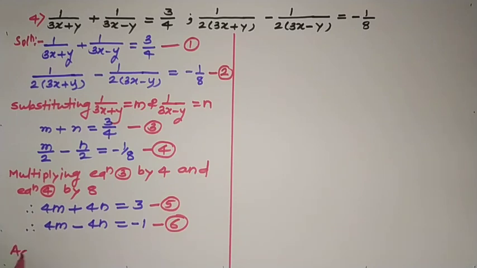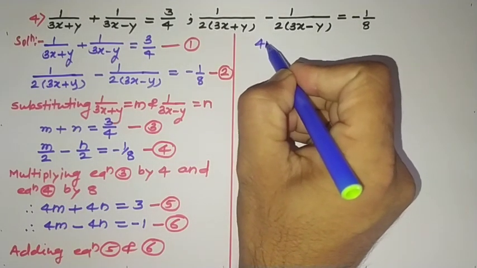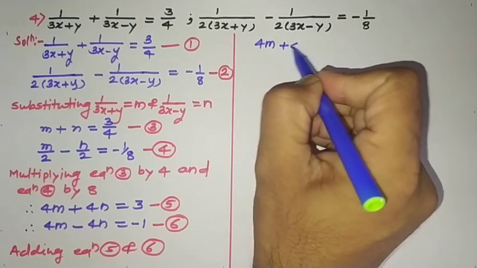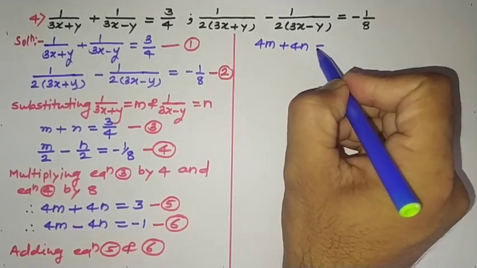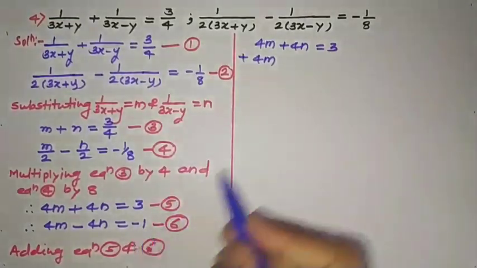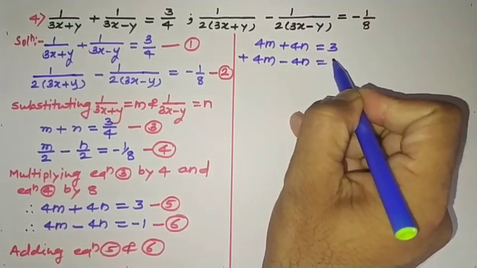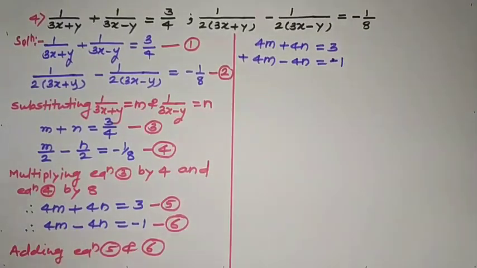Here adding equations 5 and 6. Write down these equations. 4m plus 4n is equal to 3. Adding 4m, 6th equation minus 4n is equal to minus 1.